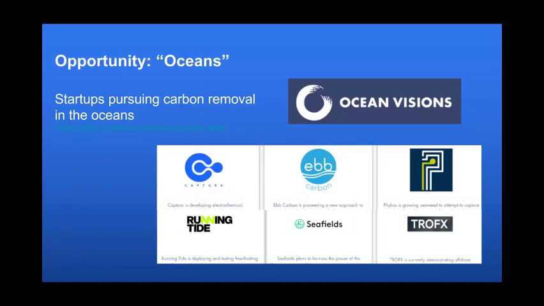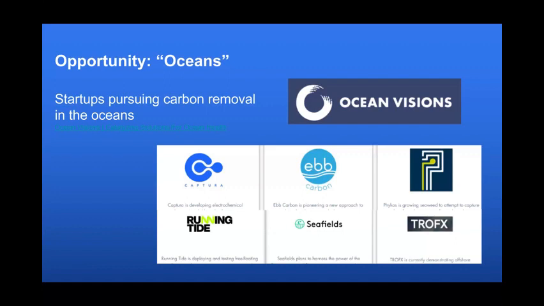The acidity of the ocean is greatly increased by absorbing all the carbon from what we've done to the atmosphere, and so there's a process called ocean alkalinity enhancement, which removes some of that acidity and allows you to improve the situation, and also possibly improve the ecology of different parts of the ocean as well.